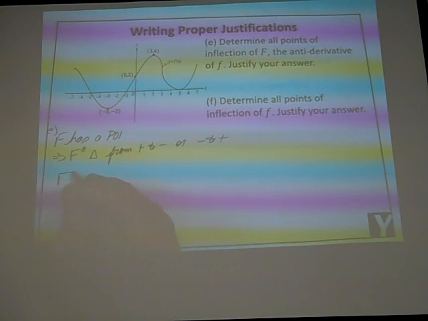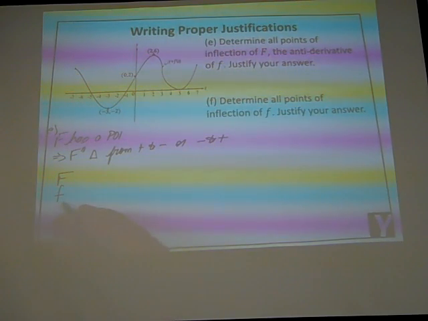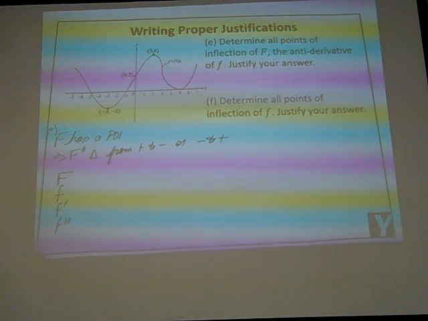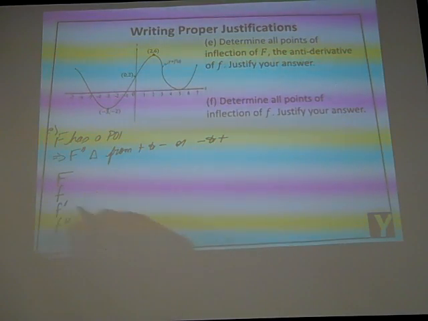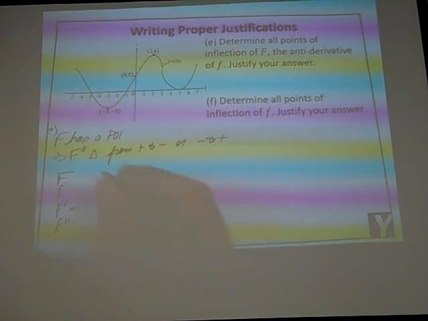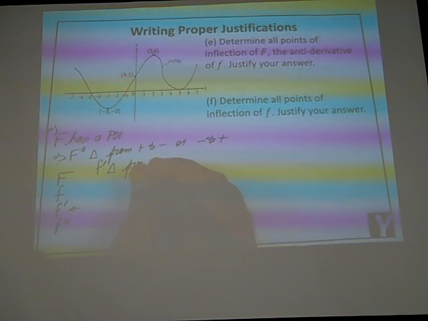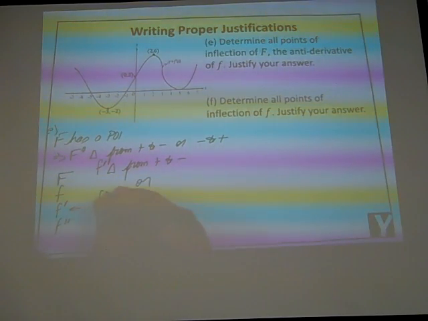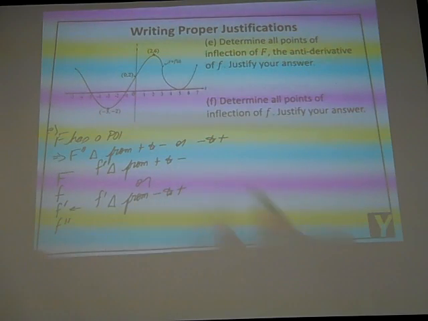Well, let's think about that chain. You have f, the antiderivative. You have little f, the original function, f prime, and f double prime. Which of these is big F double prime? This one. So what we can say is we need f prime to change from positive to negative, or f prime changes from negative to positive.